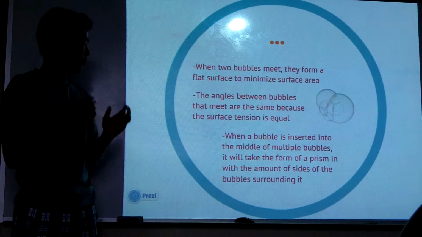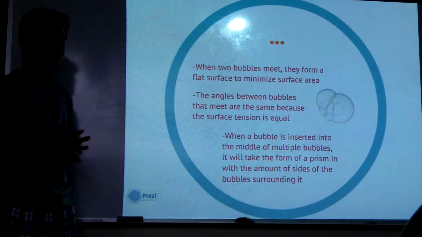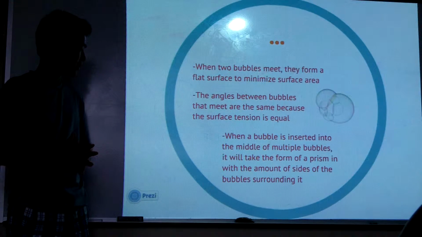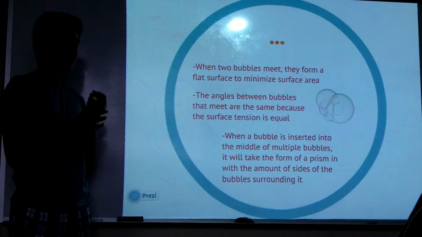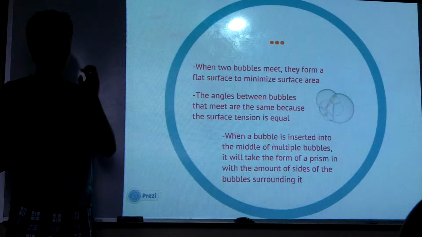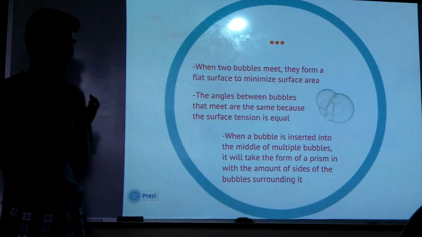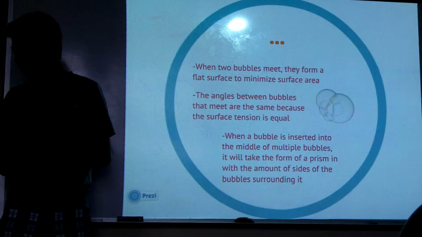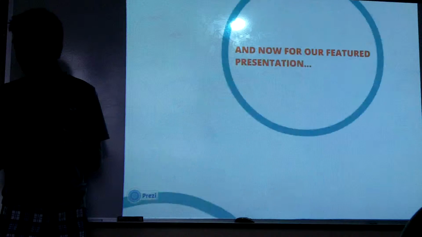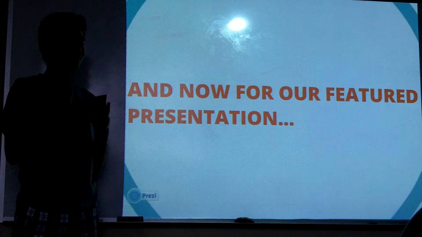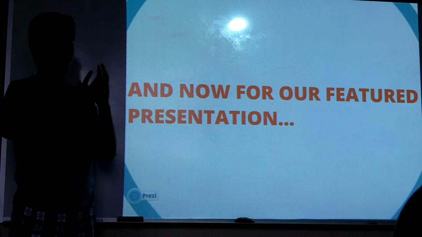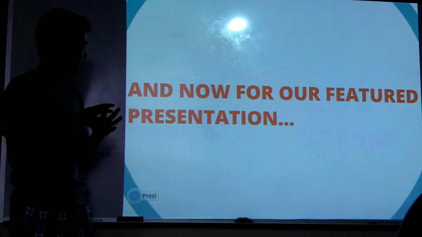The 3-dimensional geometry behind soap bubbles is really intriguing. If you have 4 bubbles, you can insert another bubble in between all 4 of them, and this will form a tetrahedral, which is like a pyramid shape or triangular pyramid.